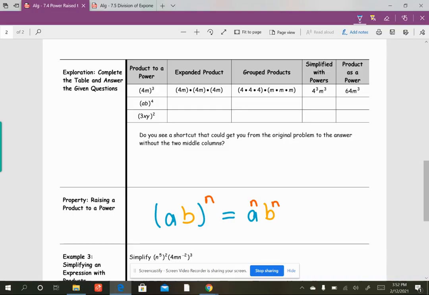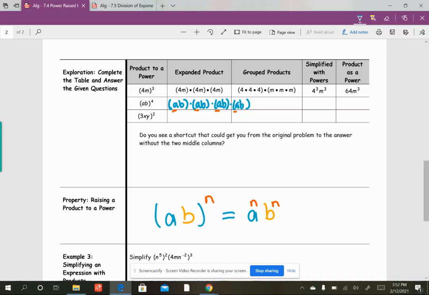So if we look at ab to the 4th, we're going to have ab times ab times ab, and one more time. Then we look at each variable as its own separate term.